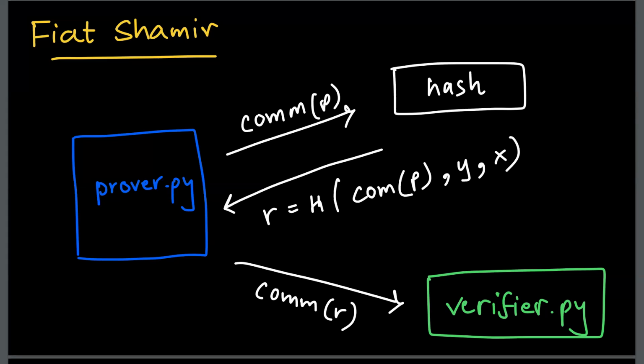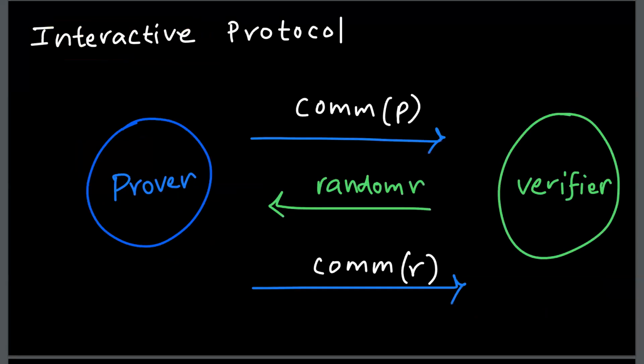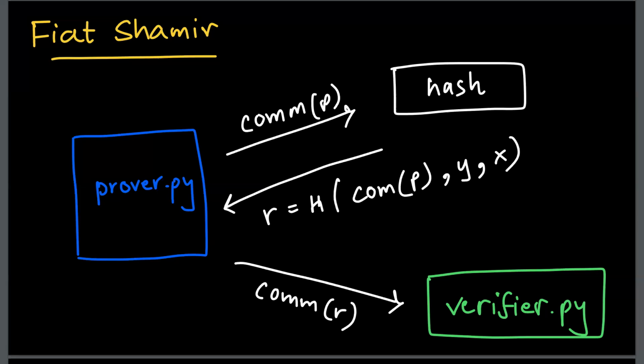So this process which you just saw is called the Fiat-Shamir transformation. Fiat-Shamir is nothing but transforming this interactive protocol into a non-interactive one, where there's no communication between the prover and the verifier, using a hash function. And in books or in papers, this hash function is often referred to as the random oracle model.